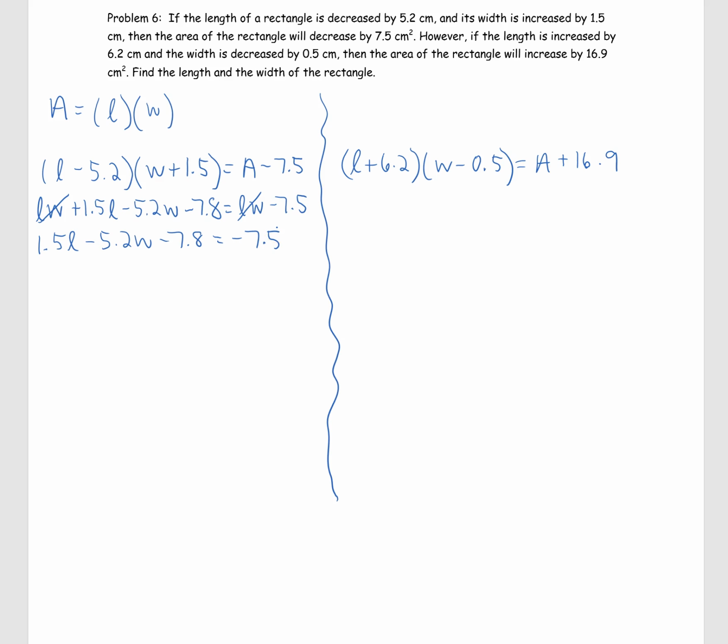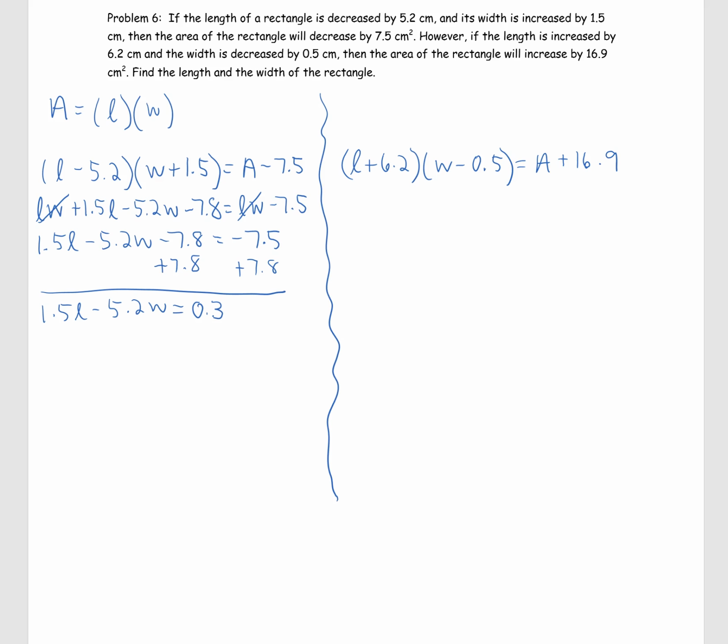So the next thing I want to do is add 7.8 to both sides of my equation. And what I'm left with is 1.5 times L minus 5.2 times W equals negative 7.5 plus 7.8, which is 0.3.